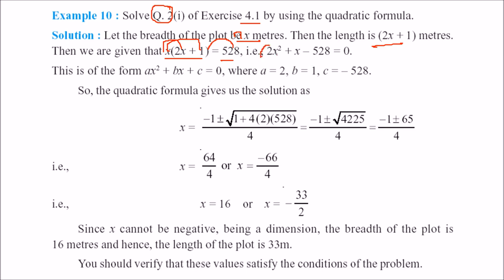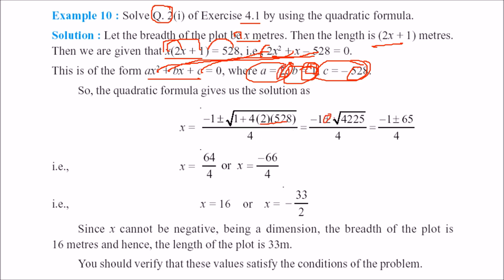Here, if you equate this with ax square plus bx plus c, a is 2, b is 1 and c is minus 528. So if we use this quadratic formula directly, you get minus b plus minus under root b square minus 4 into 2 into minus 528, divided by 2a, 2 into 2, that is 4.